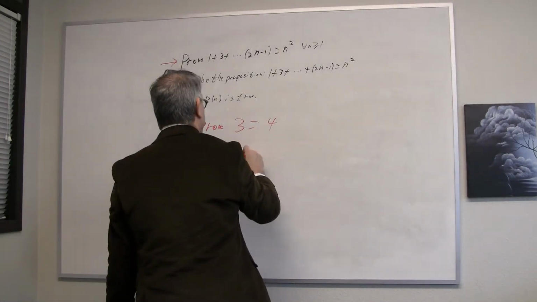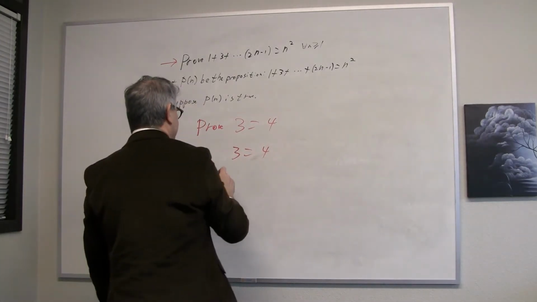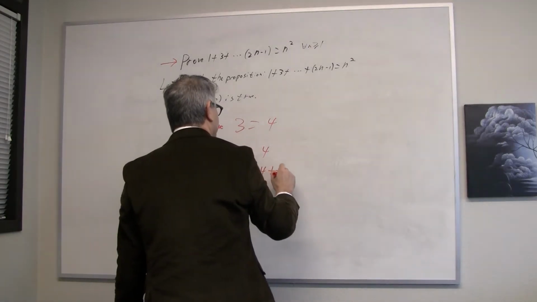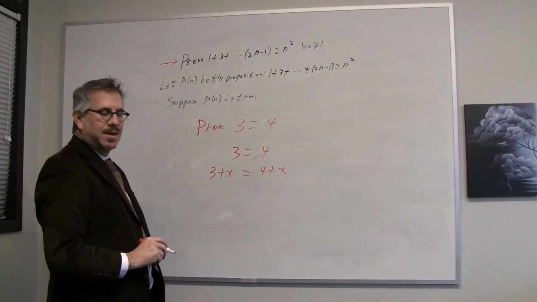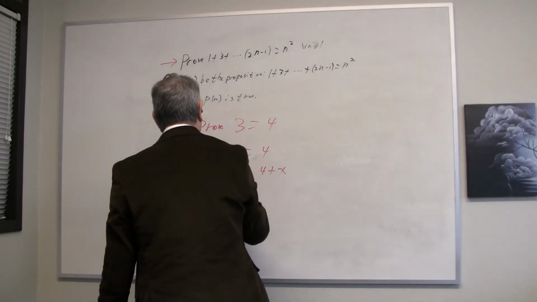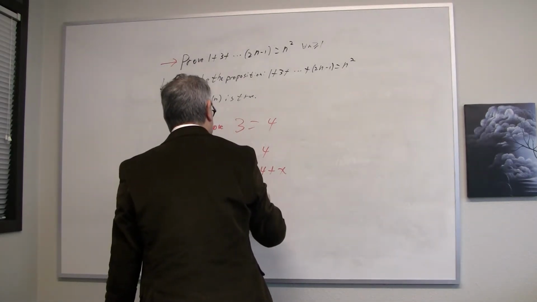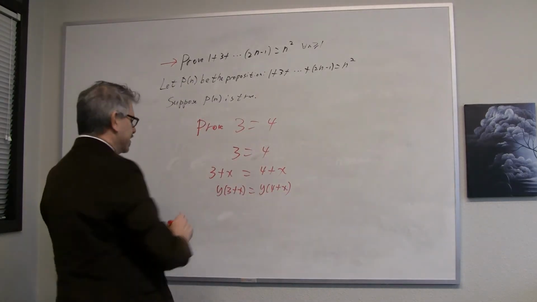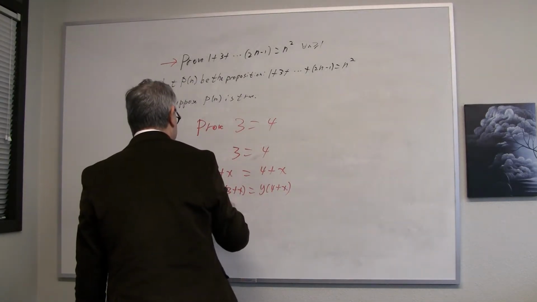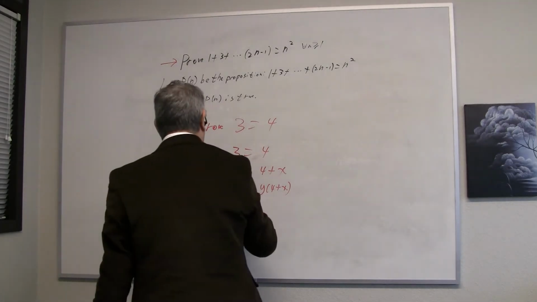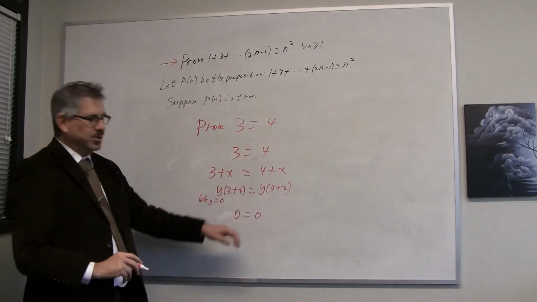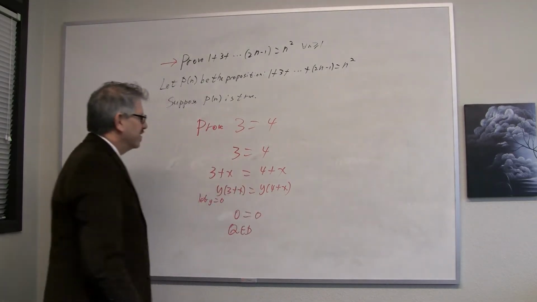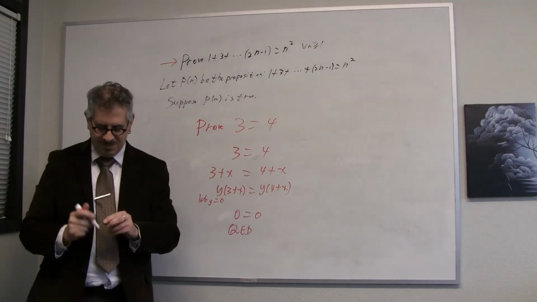Well, I can say 3 equals 4, and I can say 3 plus x equals 4 plus x, and I can say y times 3 plus x equals y times 4 plus x, and then I can say let y equal 0, and this now becomes 0 equals 0, which we know is true. Therefore, I've proven that 3 equals 4.